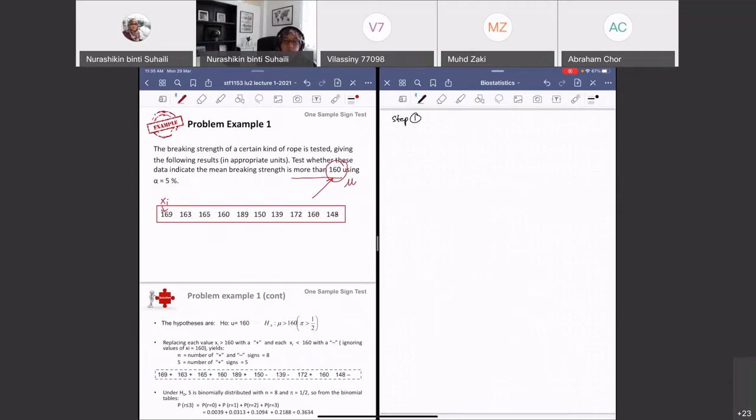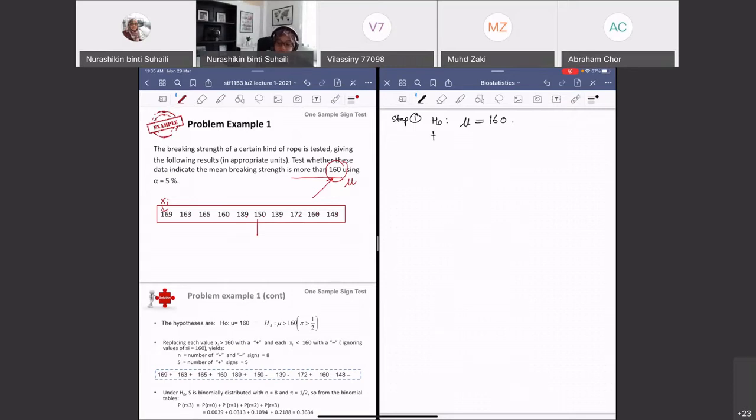So at the end, we want to say whether the average of this sample differs from 160, whether it's equal, more, or less. The null hypothesis says that mu is equal to 160, because we are comparing with 160, meaning there is no difference.